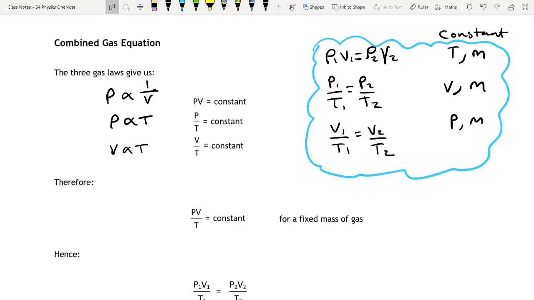And the combined gas law is literally just combining them all together. So the top one is Boyle's law, the second one is pressure law, and the third one is Charles's law, which we just did.